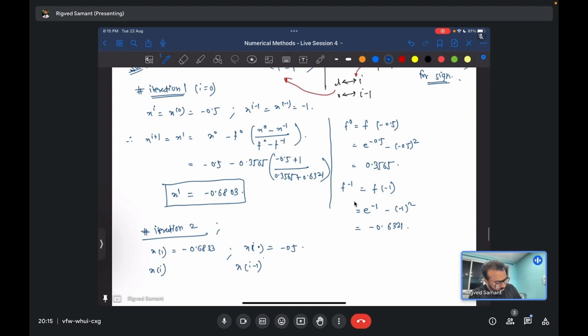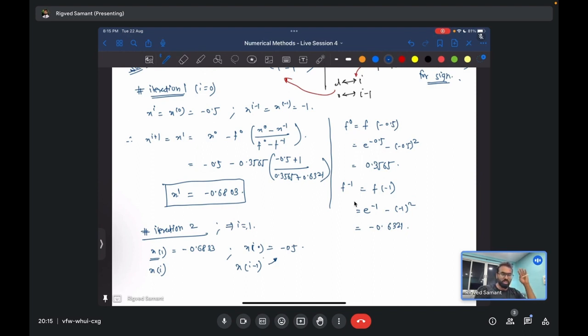So for this condition i is equal to 1. If you put i is equal to 1 here, this is your x1, and x of 0 you would consider here. So you will always consider the latest value, and you will discard the earliest value.